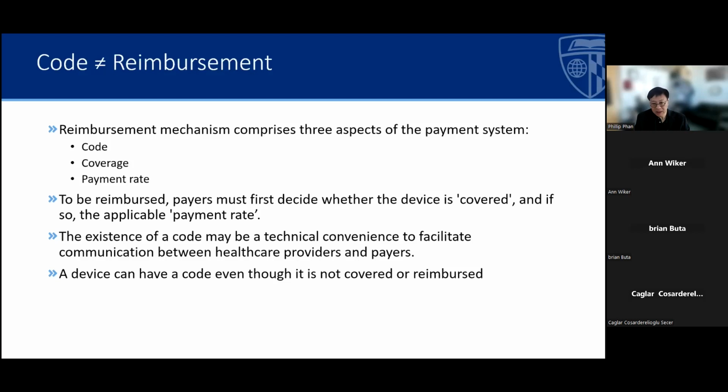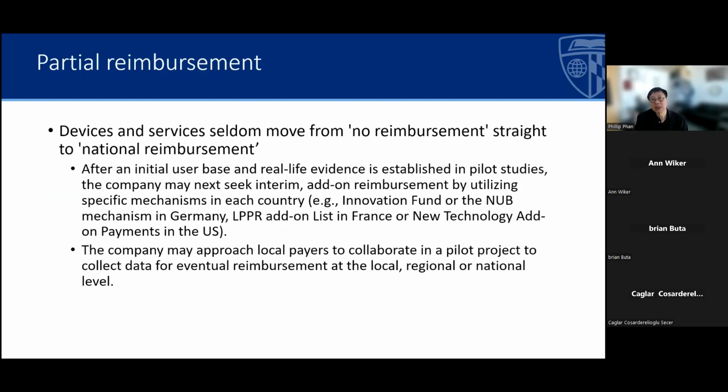Okay, so the point being that your device can have a code, so you could actually find a code that says, oh yeah, there is a CPT code for a device that looks like yours, or that is described like yours, but it may not be covered and it may not be reimbursed. So getting the code is not good enough, or knowing the code is not good enough.